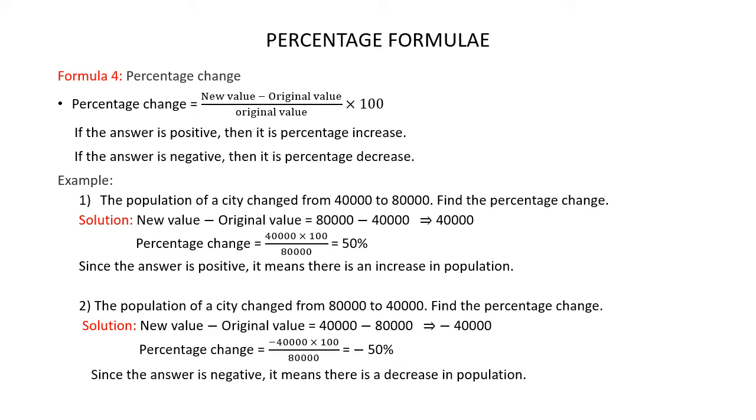So percentage change is equal to minus 40,000 multiplied by 100 divided by 80,000, which is minus 50%. Here, since the answer is negative, it means that there is a decrease in population.